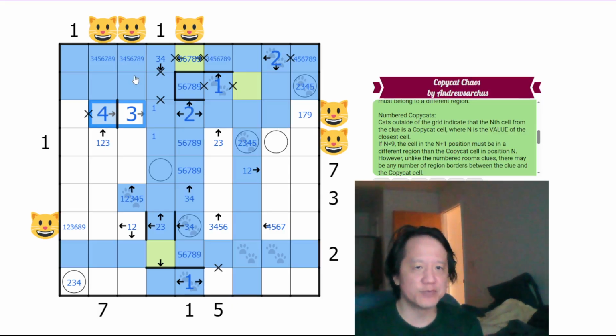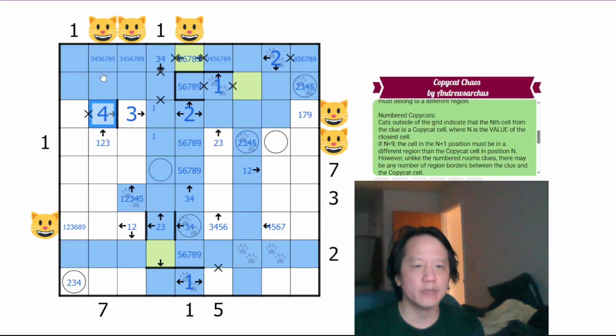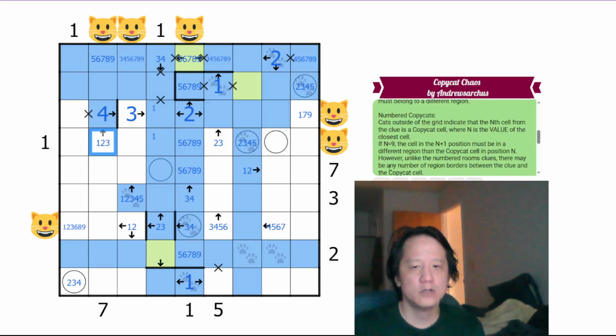You could have a 3 copycatting or being there, right? Oh, this can't be a copycat, so 4 cannot be here. So that means the value of the copycat cannot be 3 anymore. Can't be 4. So this is not copycat. So this is guaranteed to be 1, 2, or 3 as a digit.